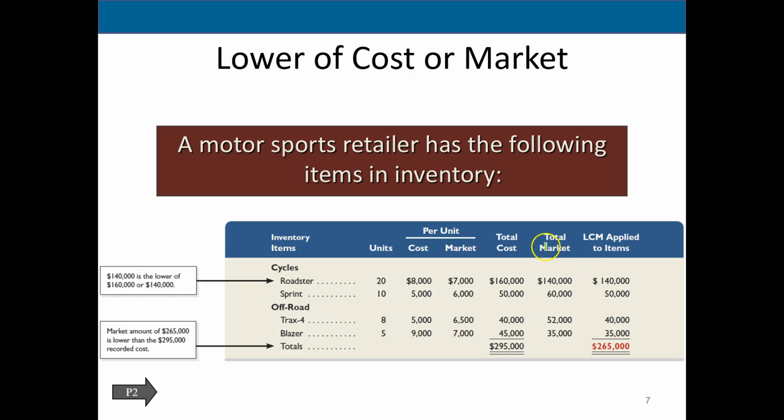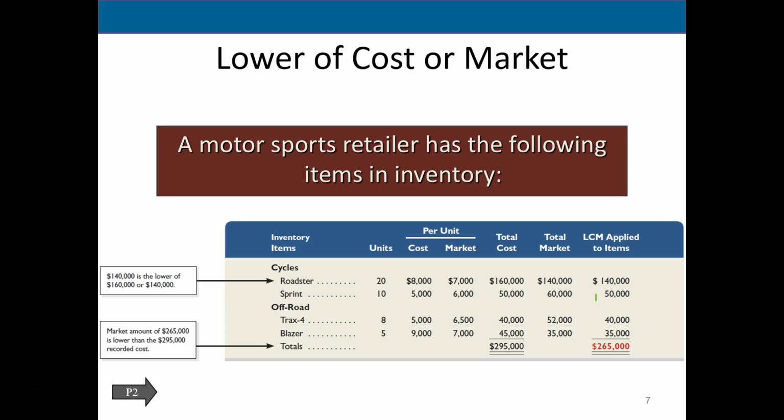So in this case, we have the total cost being 160, the market being 140. Therefore, we are going to take the lower of cost or market, LCM, or the 140. Then, of course, in the sprint, we've got the 50 total cost, and the total market being 60. We're going to take the lower of the cost or market.